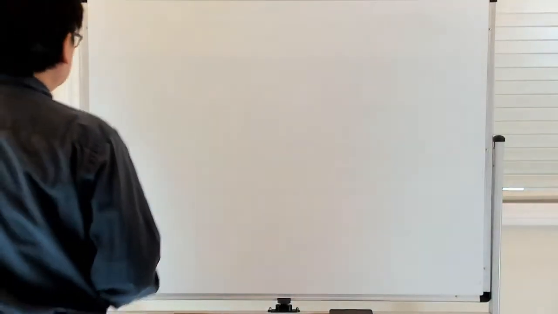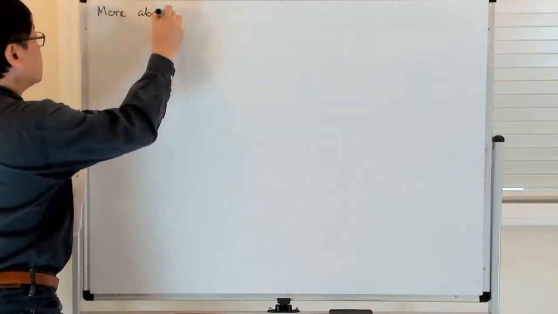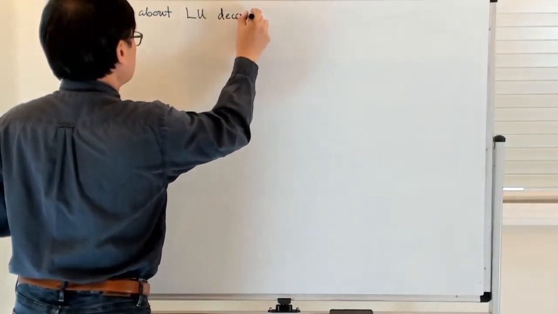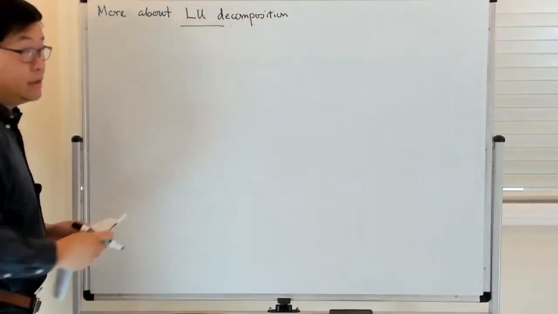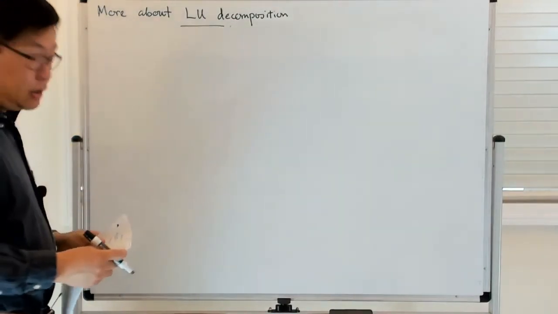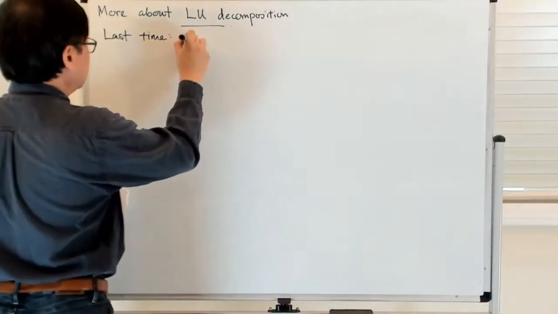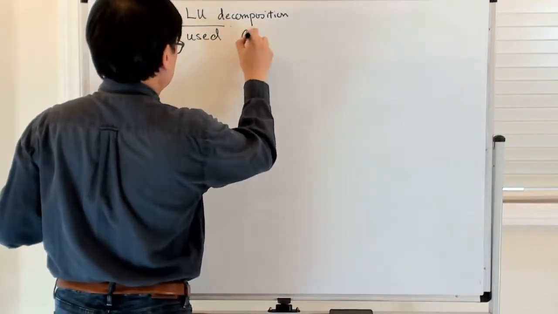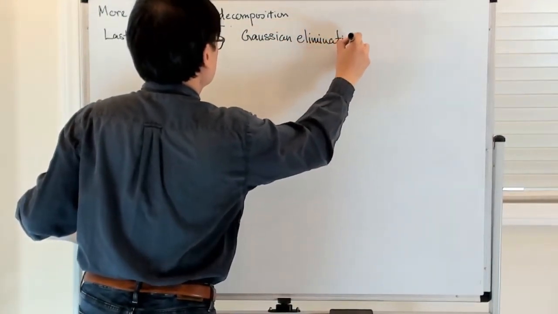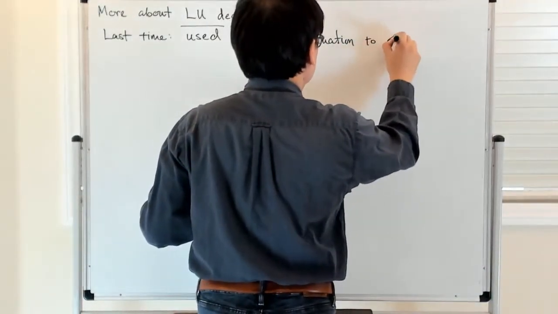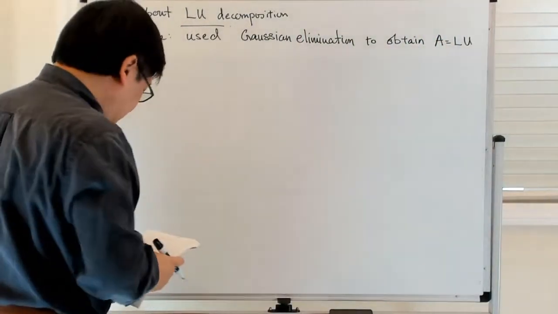Okay, so now we're going to discuss more about LU decomposition. Last time we talked about using Gaussian elimination to obtain a decomposition of some matrix A into the product of a lower triangular and upper triangular matrix.